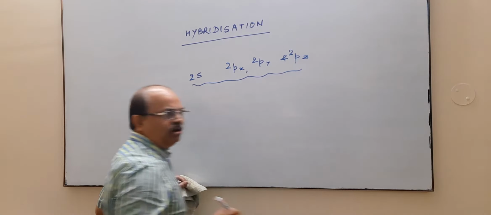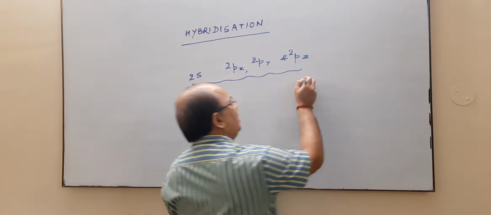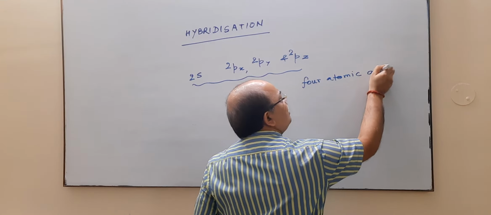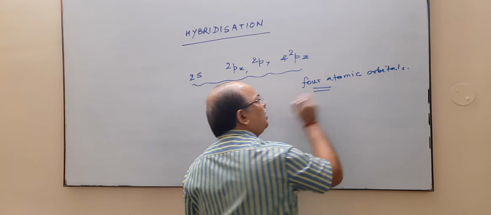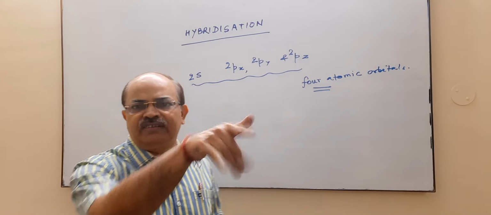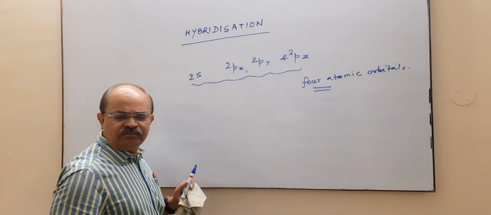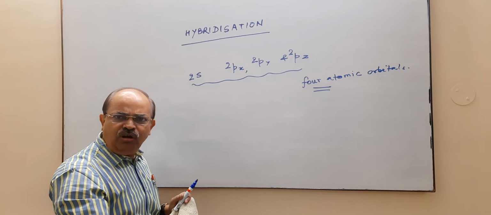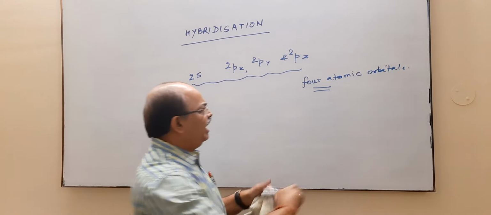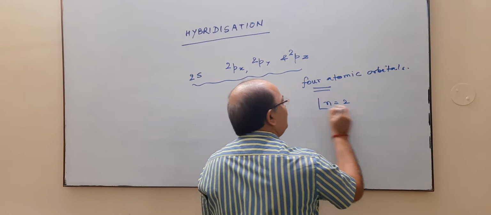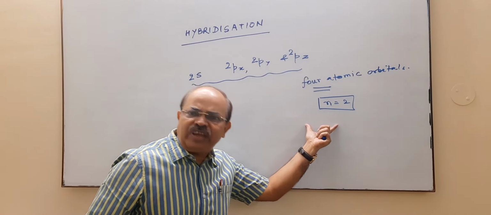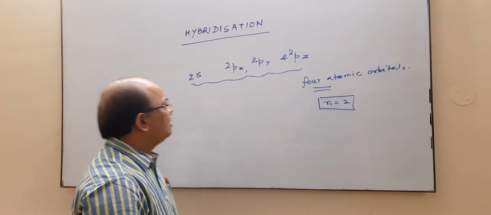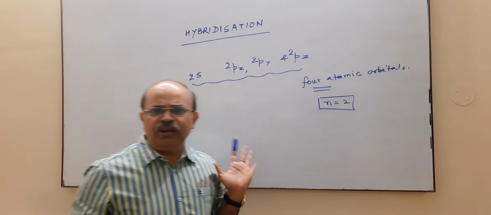So on the whole, if you count, you can say they are 4 atomic orbitals: one is 2s, another is 2px, 2py and 2pz. They all are of n is equal to 2, they all belong to the second orbit. So there are 4 atomic orbitals.